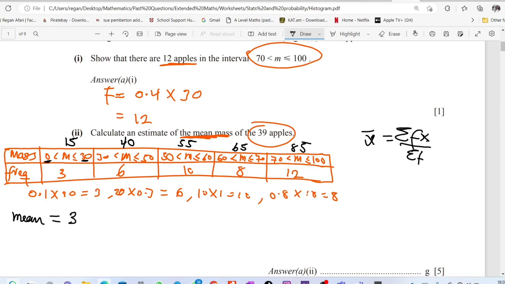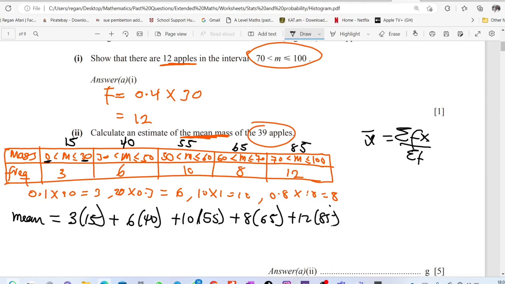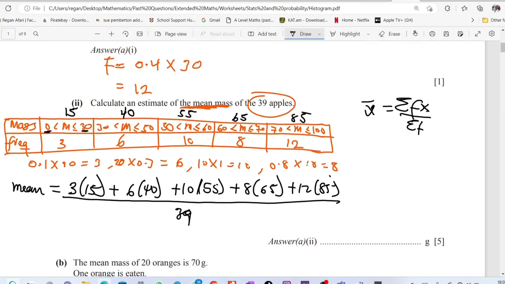So frequency is 3, we have 15, we have 6, we have 40, we have 10, we have 55, we have 8, we have 65, and then we have 12, we have 85. Okay, all this divided by 39. That's the sum of the total of that. Okay, and now we just solve it.